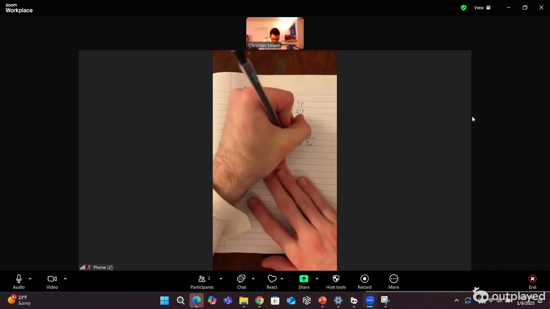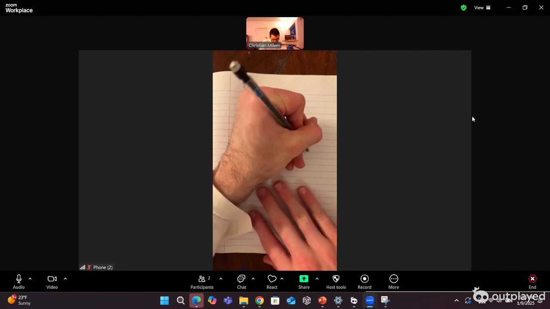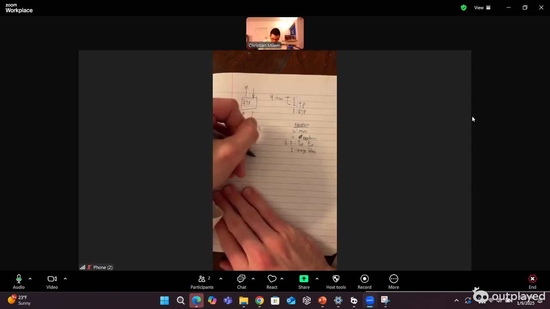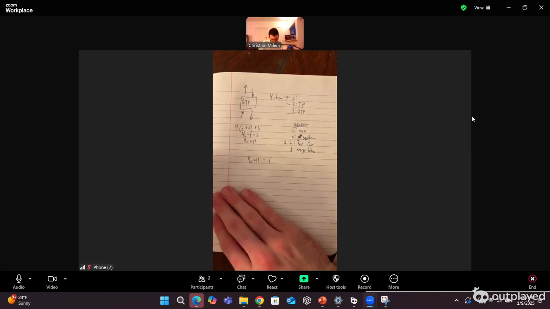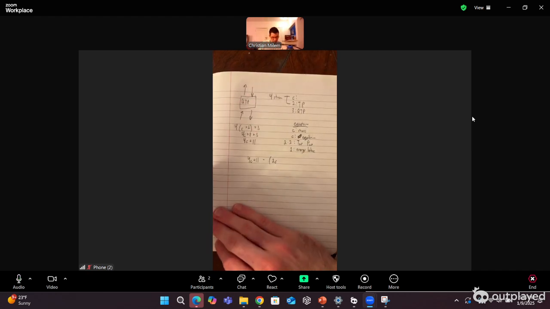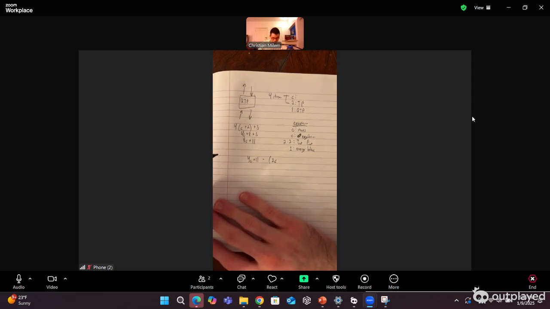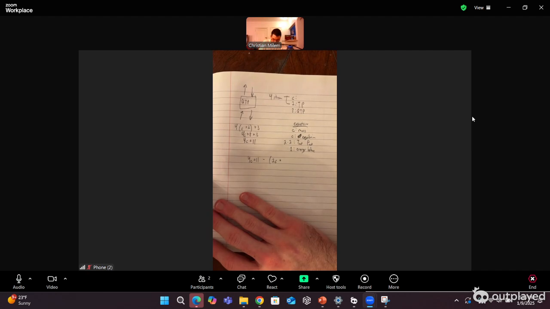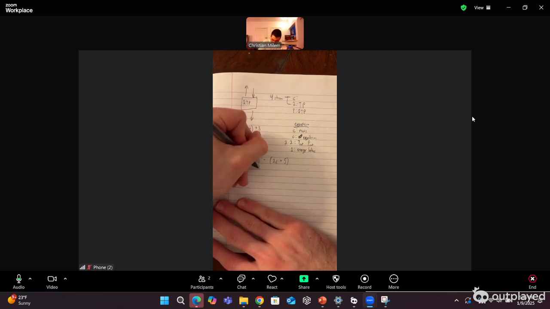And then 1 energy balance. Have 4C plus 11 minus 2C plus 5. And that gives us 2C plus 6.